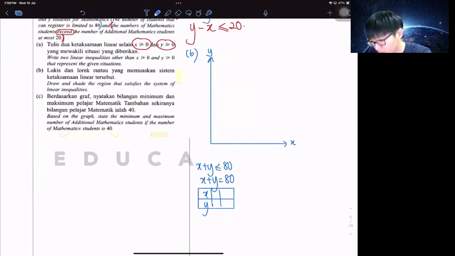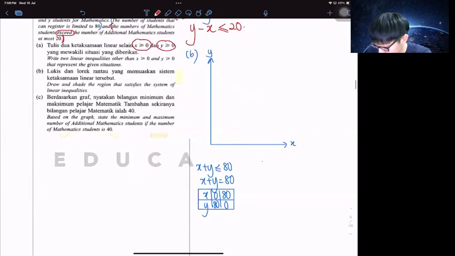If I realize one of the answers doesn't work, I just chill and try some other numbers. Okay, so 0, 0. Now 0 put inside, I can see that y equals to 80 straight away. 0 put inside, I can see that x equals to 80 straight away. So like this. If you cannot follow what you need to do, let me know, right? Y minus x is smaller or equals to 20. Okay.